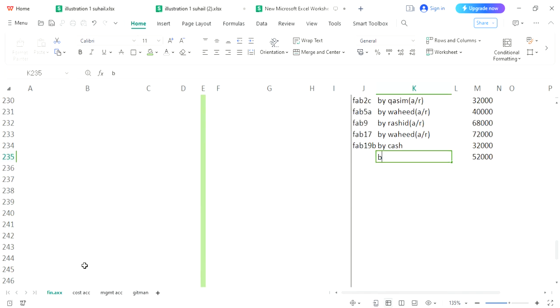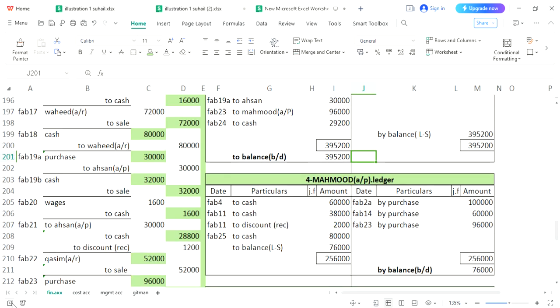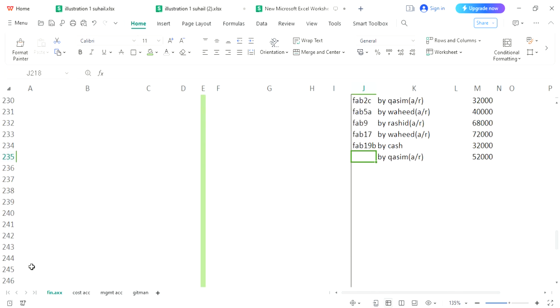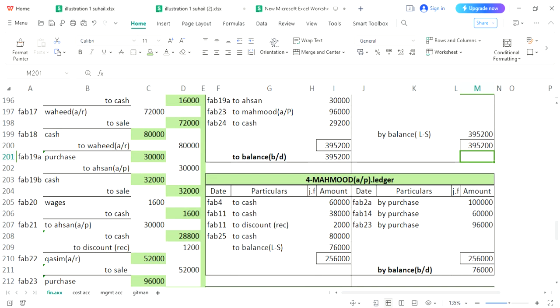So you will use the name of Qasim account receivable as reference, 52,000. Okay, see its date, February 22. Post February 22 over here. So date is mentioned, reference given, 52,000 is posted. It means the entry including this 52,000 is completed, and we are marking it as completed entry.